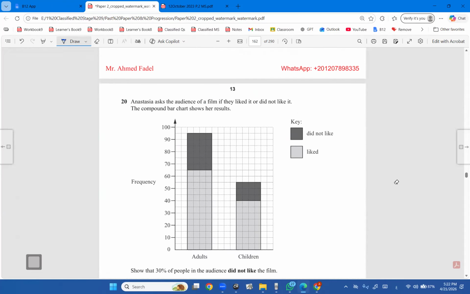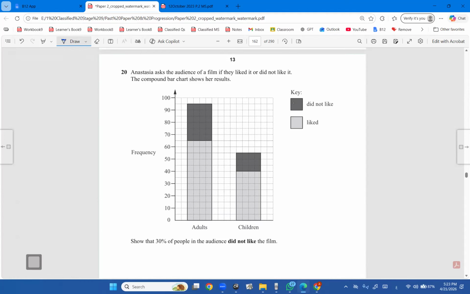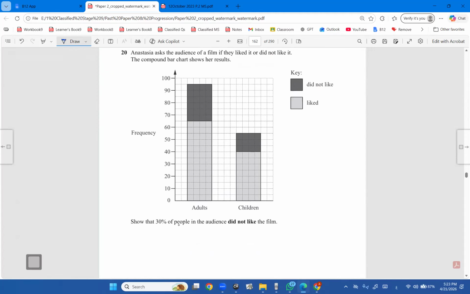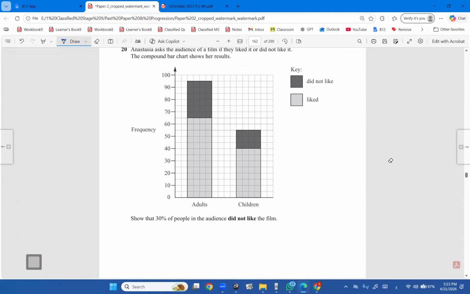Question 20, Anastasia asks the audience of a film if they liked it or did not like it. The compound bar chart shows her results. This is did not like it, and the light gray is liked it. Show that 30% of people in the audience did not like the film. First, I need to know how many did not like and the total number.